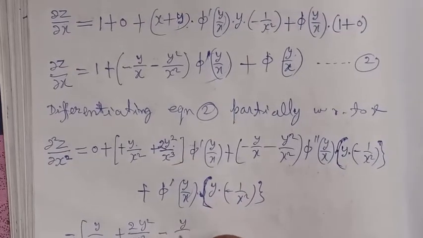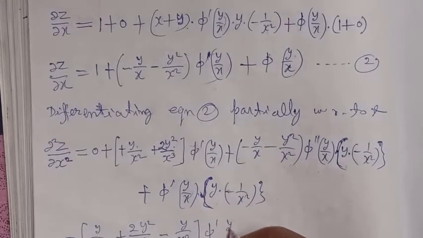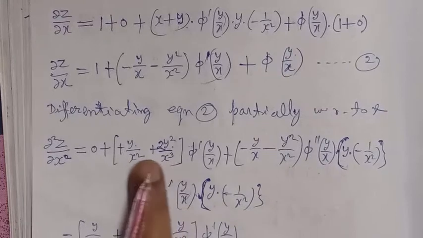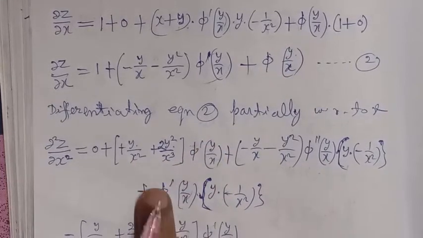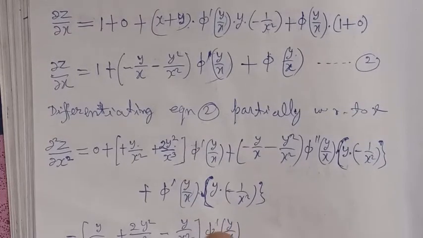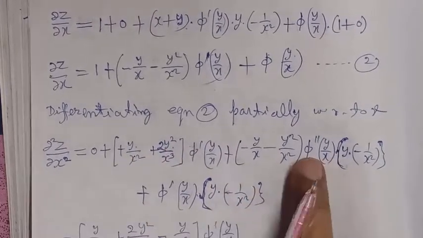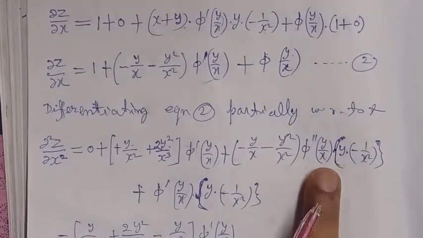This is the coefficient of y dash y upon x; on taking y dash y upon x out, the coefficient becomes this. And now we have to write only this term.